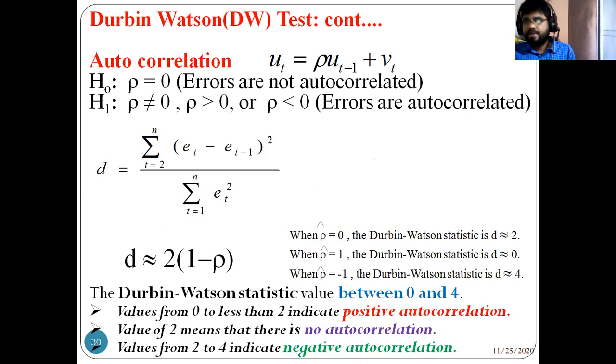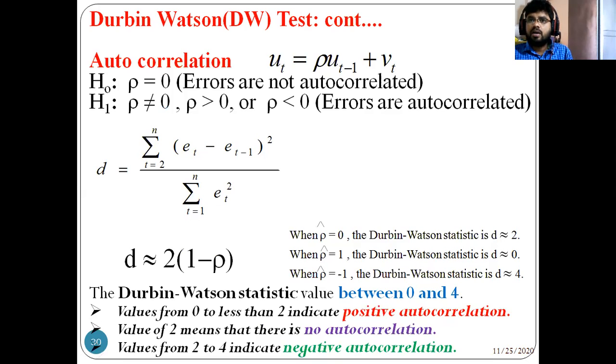Before calculating the D statistic, when you are running a regression analysis, you need to keep in mind whether the problem is facing an autocorrelation problem or not. Generally, when you run a model in time series as well as cross-section data, we need to frame a hypothesis.